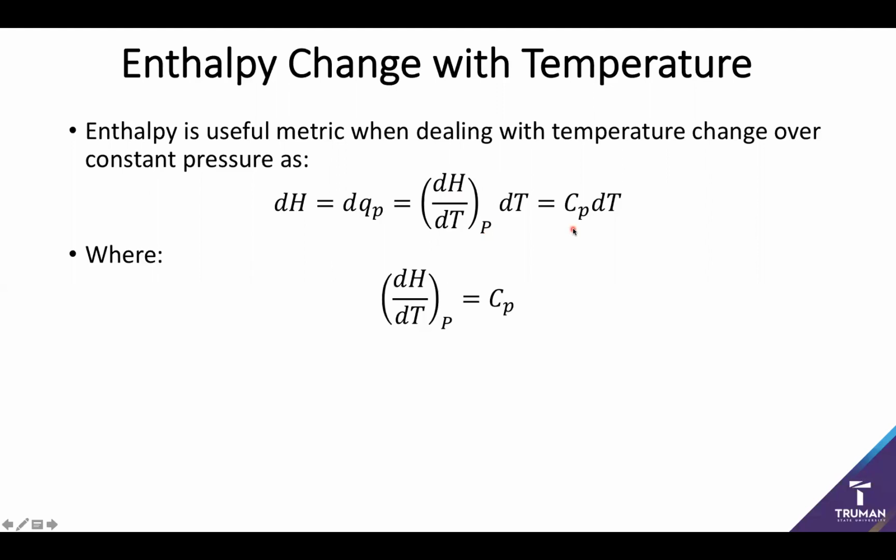So again, what we see here is that the isobaric heat capacity is a relationship between the change in enthalpy of a system and its temperature. So we see a relationship between the change in enthalpy, the isobaric heat it takes to get this change in enthalpy, and the change in temperature, with the isobaric heat capacity acting as a proportionality constant.